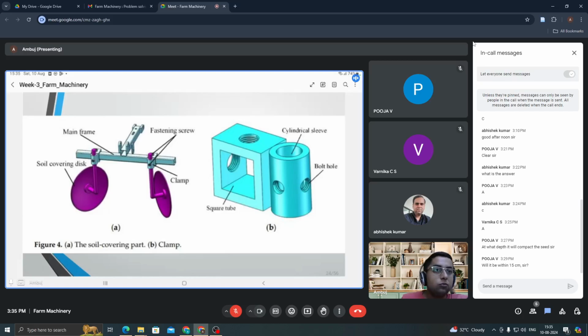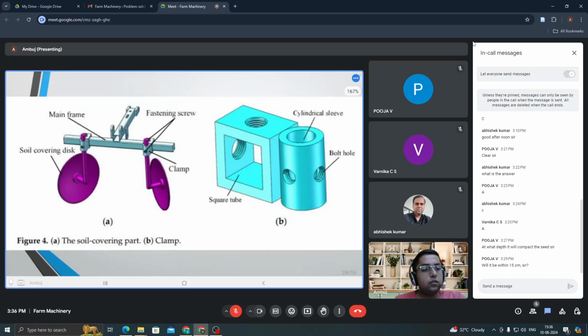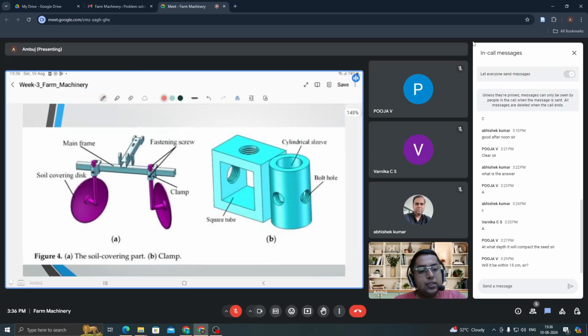Try to visualize them. This will help you to answer a lot of questions easily, and practically also you will be able to answer them. Then a clamp is provided, some sleeve is provided, and a bolt hole is provided. Why is this particular attachment in figure B provided? See here, this is the same attachment which is used here.